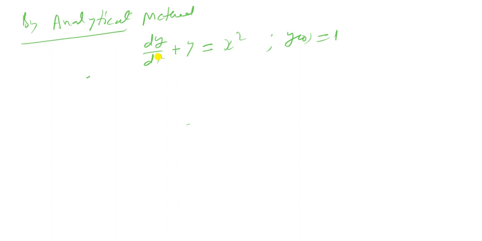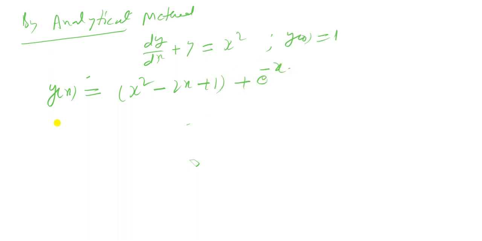Compute the integrating factor and find the solution, which is of the form y of x is equal to x square minus 2x plus 1 plus e raised to the power minus x.